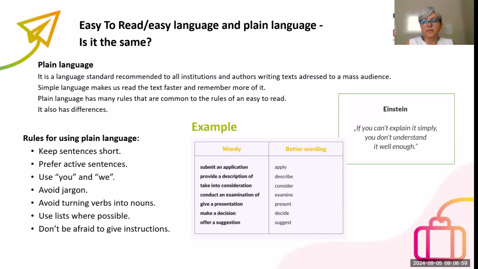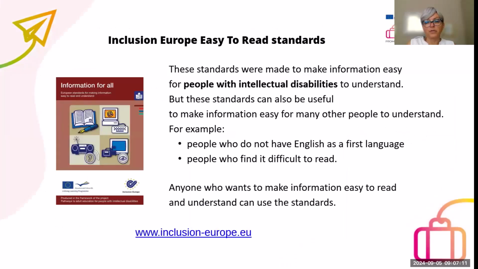And this is the difference between plain language and easy language, because the target group is completely different. So just as I have said, plain language is dedicated for an average user, while easy language or easy text is used for people with, for example, intellectual disability, or people who use a language, for example, English, as not their first language, people who have problems with reading or writing.